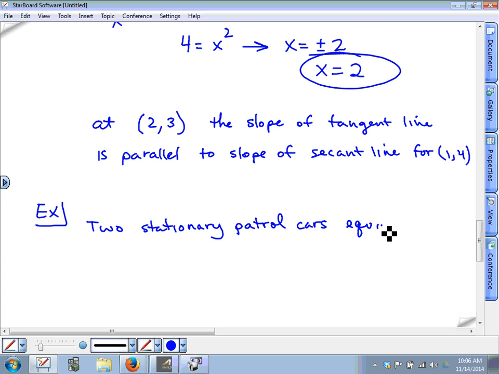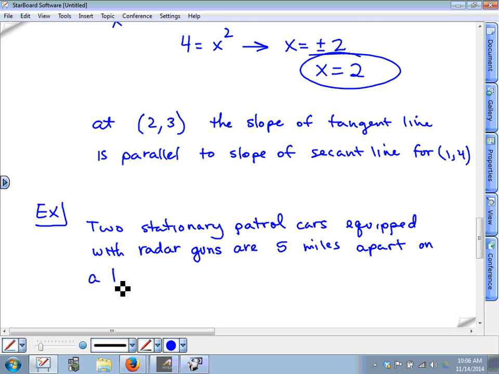Two stationary patrol cars equipped with radar guns are 5 miles apart on a highway.